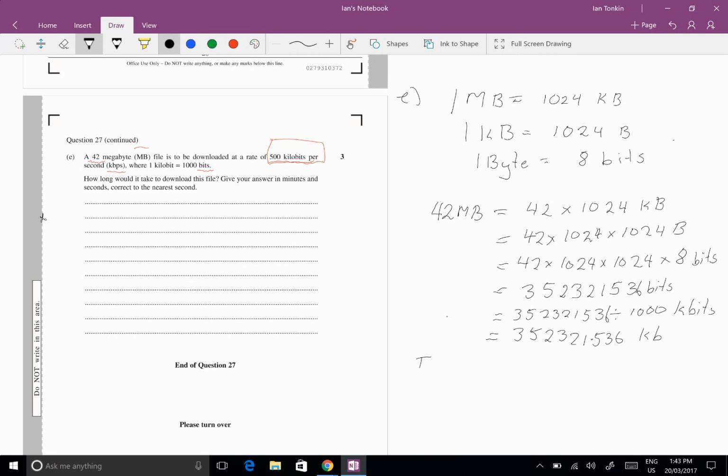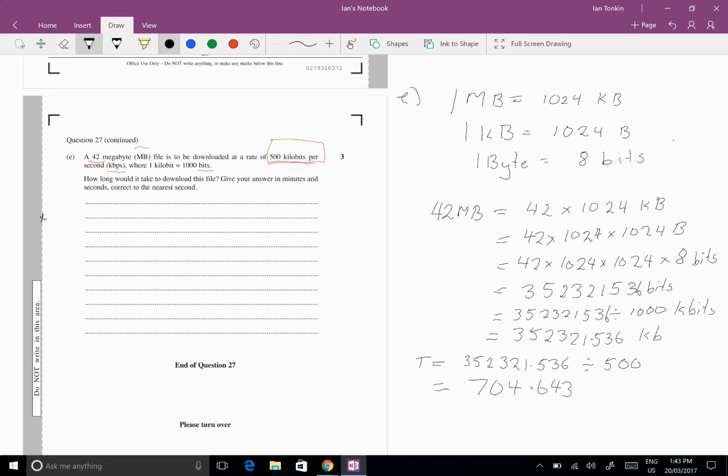So the time in seconds will be 352321.536 divided by 500, because we're now in kilobits and kilobits per second, and we'll get 704.643.